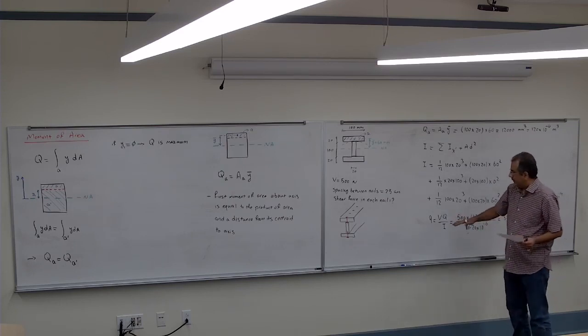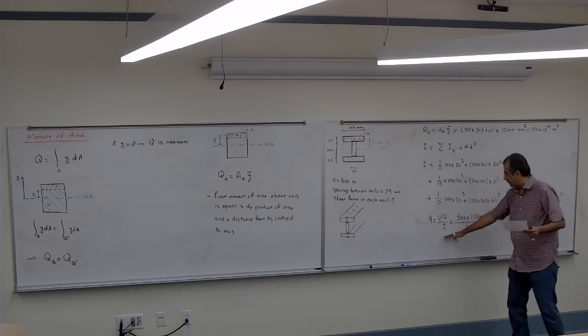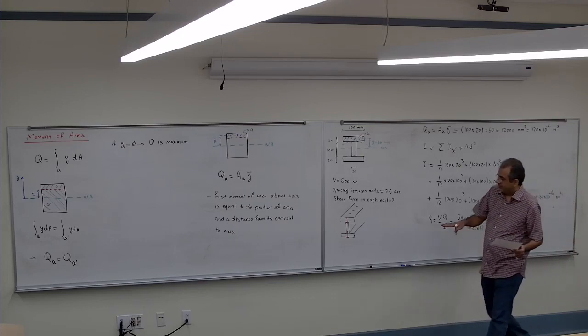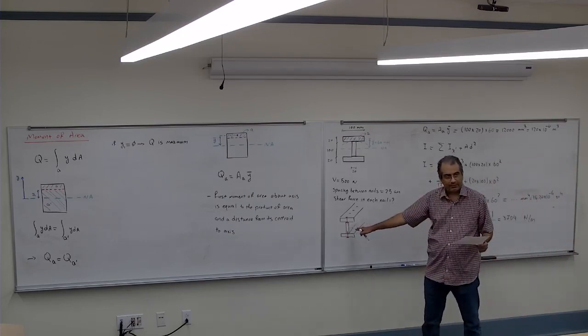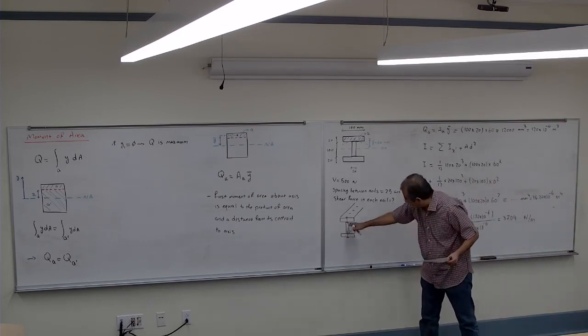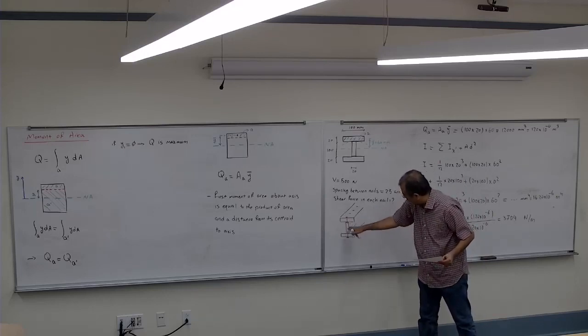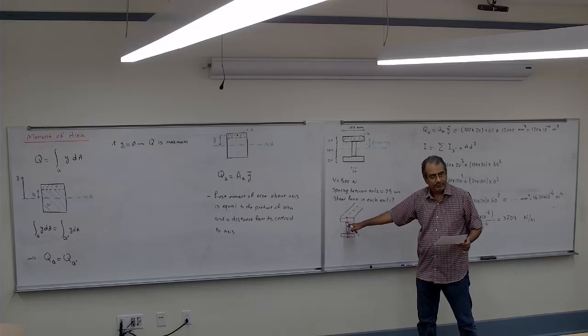So, listen very quickly here. The q is Newton per meter in which direction? It's the horizontal shear, correct? It's cutting these two, so it wants to cut it horizontally there, correct?